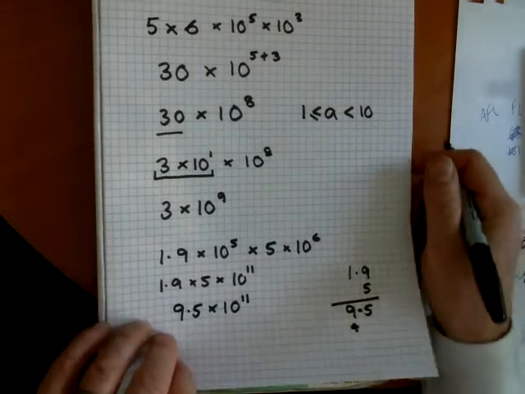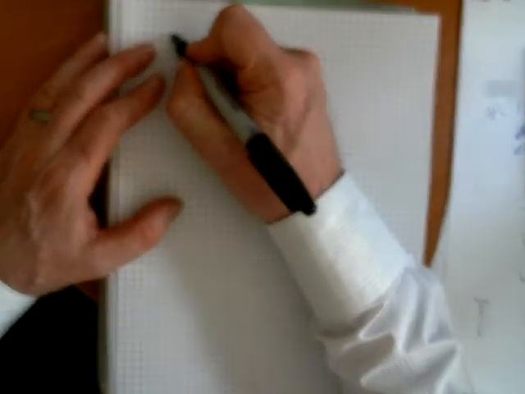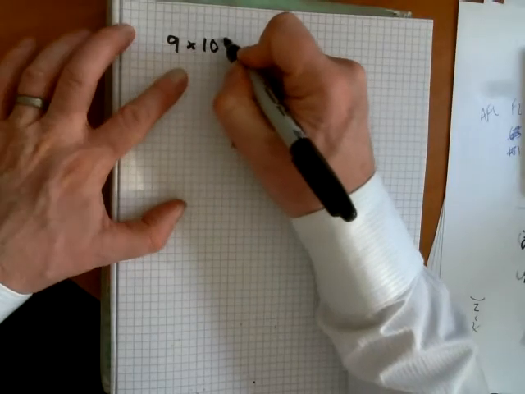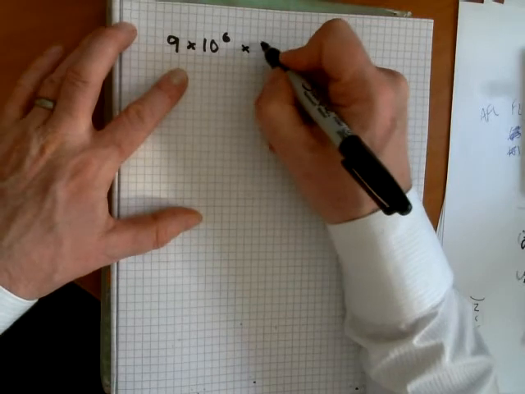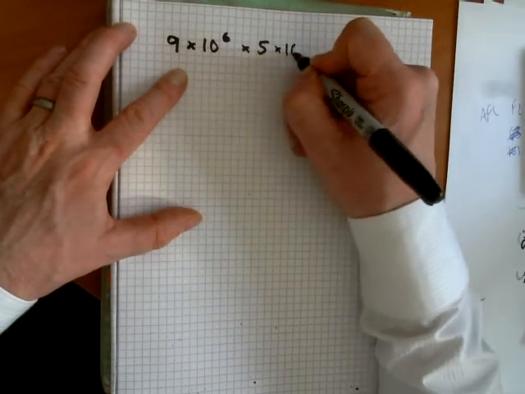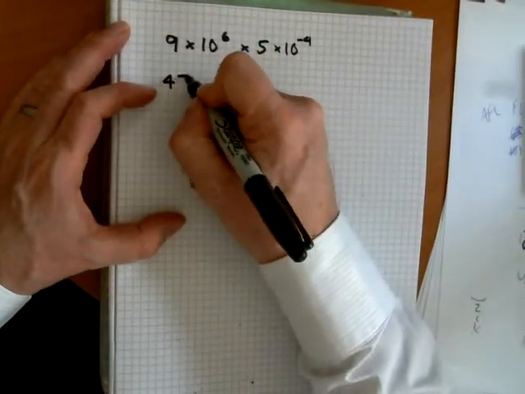And we'll move on and do a couple more. So let's try, say, 9 times 10 to the 6 times 5 times 10 to the minus 4. So my 9 5s will give me 45.